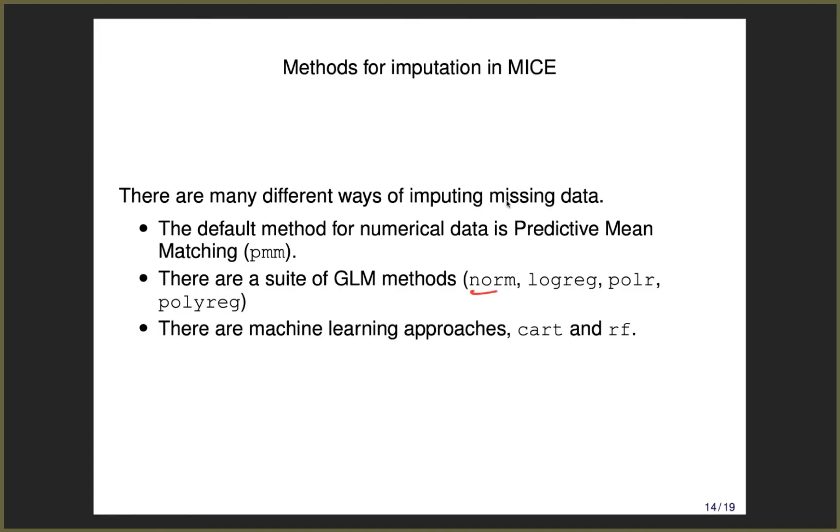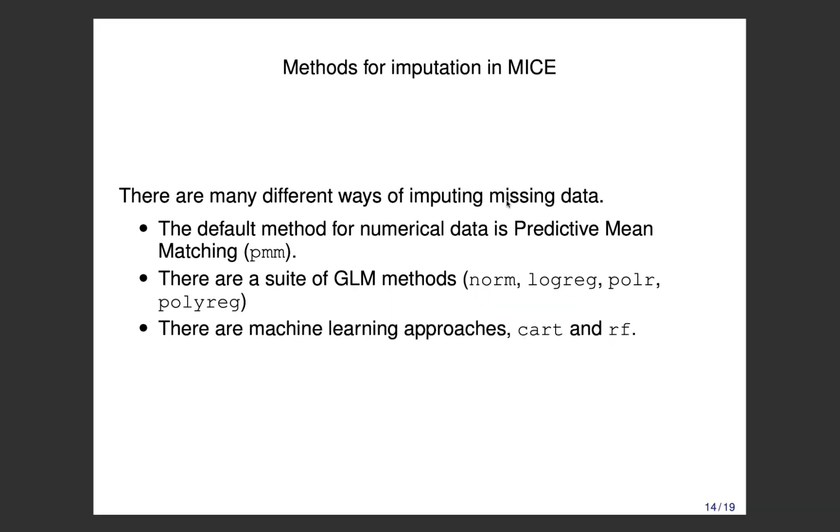So there's norm for continuous data, logreg for binary, polr for ordinal, and polyreg that does a multinomial model. We're not going to talk about these much, but there are machine learning algorithms in here too. So classification and regression trees and random forests are also possible ways of doing imputation.